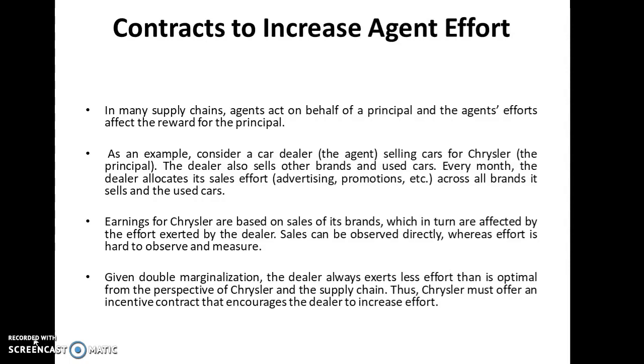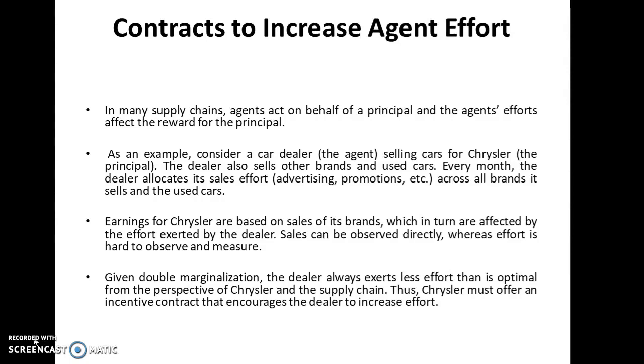So, given double marginalization, that means earning from different industries of the same type. That is, the dealer is selling different brands of cars. So, the dealer always exerts less effort than is optimal from the perspective of Chrysler and the supply chain.